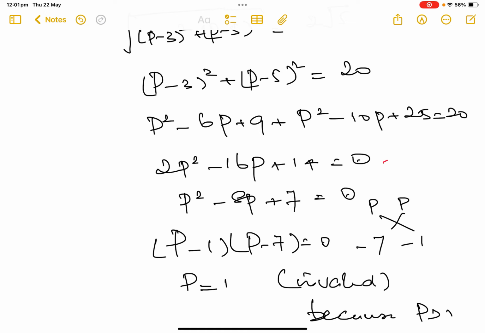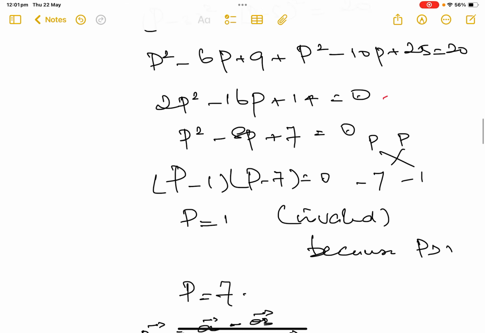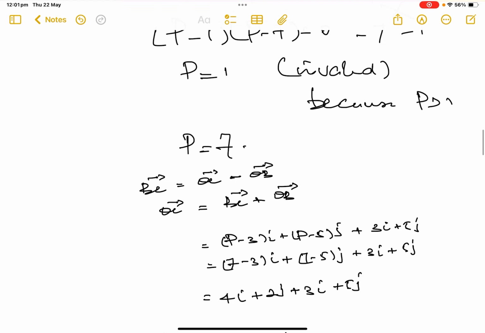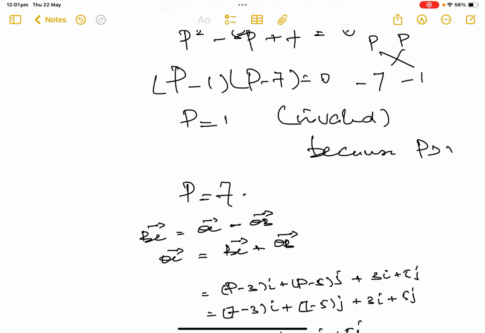Add them together, minus 8p, so it satisfies that. So the factors are (p minus 1) and (p minus 7). p equals 1 is invalid because p is greater than 1, as given in the question. So the only answer we have is p equals 7.